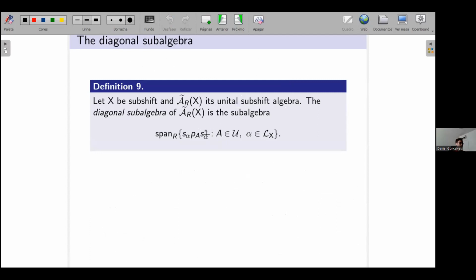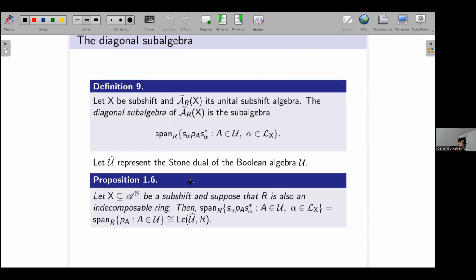And now, okay, this is again a commutative algebra. So to characterize it, you have to look at the Stone dual of this Boolean algebra, so the space of ultrafilters with the topology given by Stone duality. And what we can show is that this algebra is actually isomorphic to the locally constant functions with compact support on this U hat. So that's really the space, right?